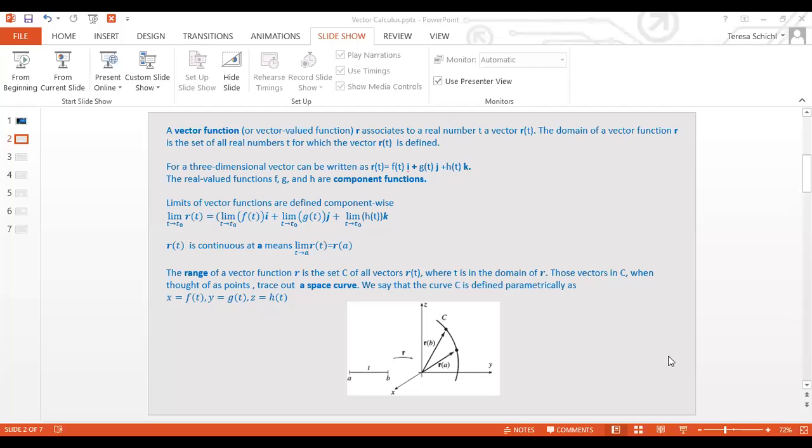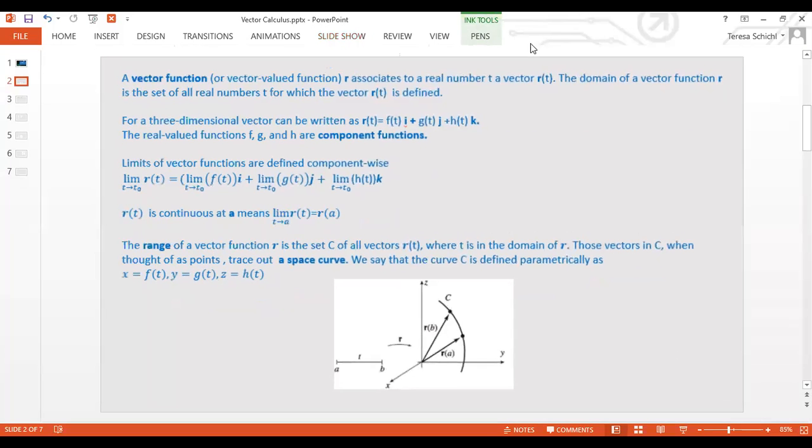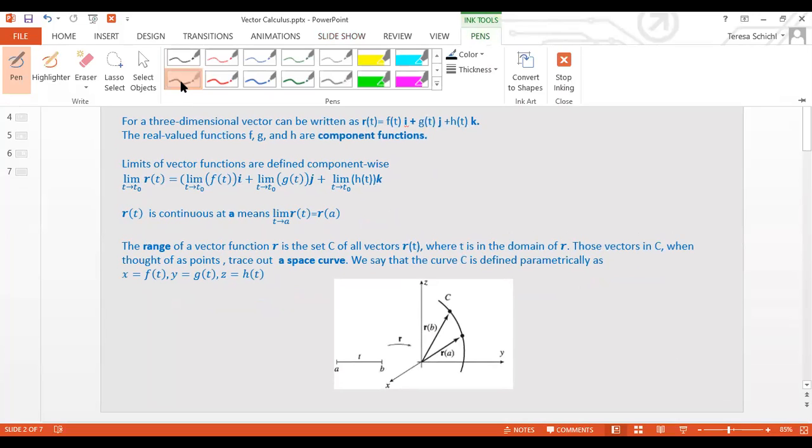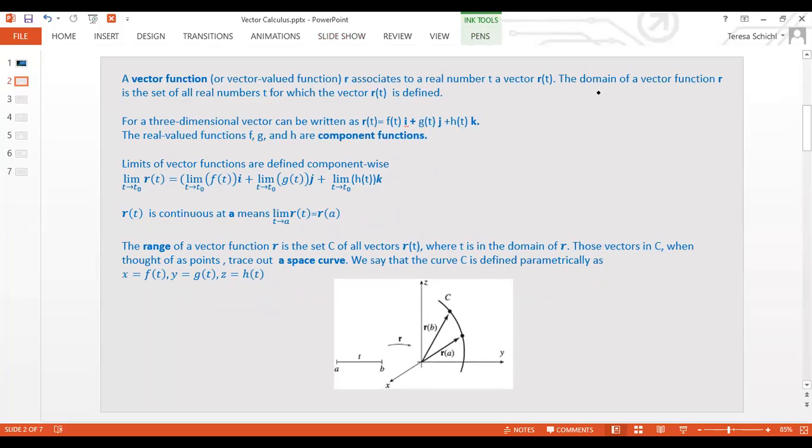So here, vector functions. If you remember, in your Calculus 1, you talked about the parametric function. You can define x as a function of some t, y as a function of some t, and then you can define some type of curves in R2.